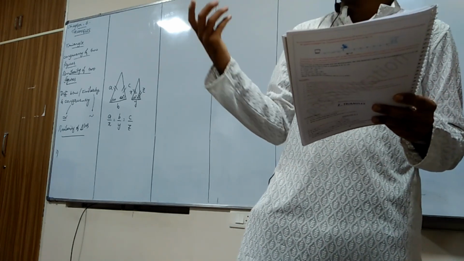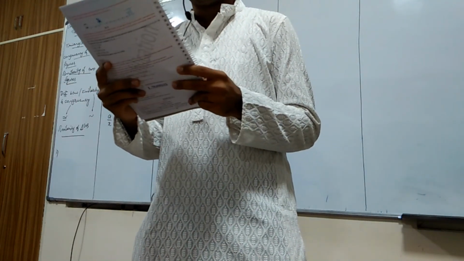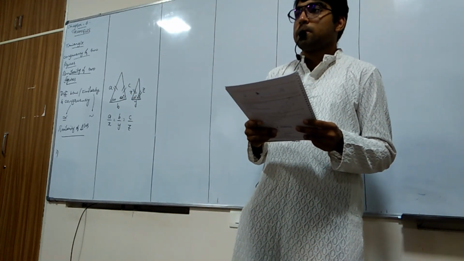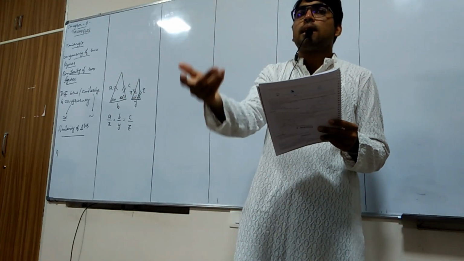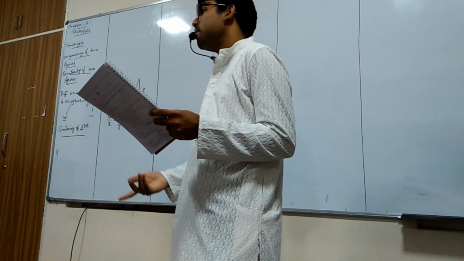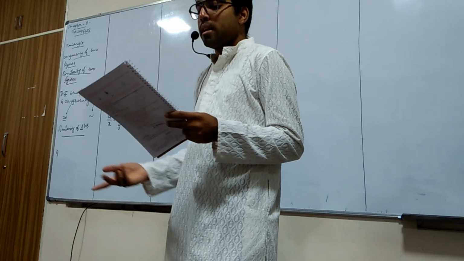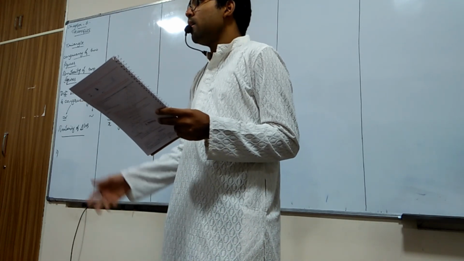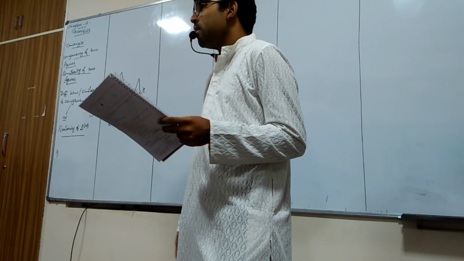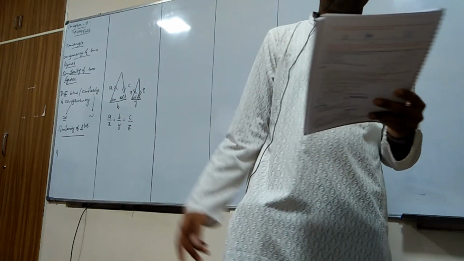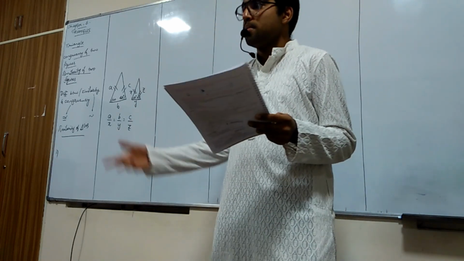For non-similar figures: square and rectangle, square and triangle, rectangle and quadrilateral, circle and triangle are not similar figures.